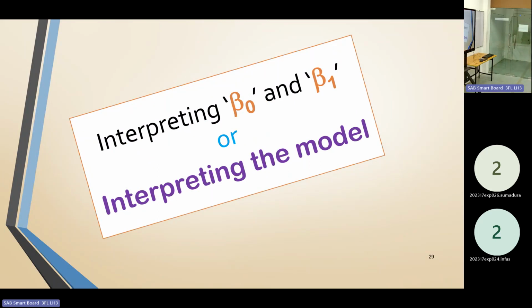What's our topic? Interpreting beta naught and beta 1, or interpreting the model, same question.